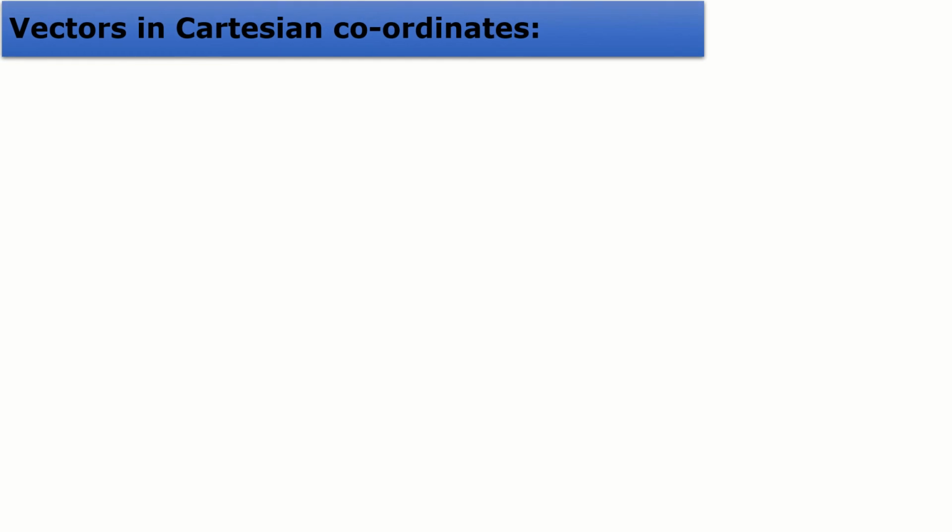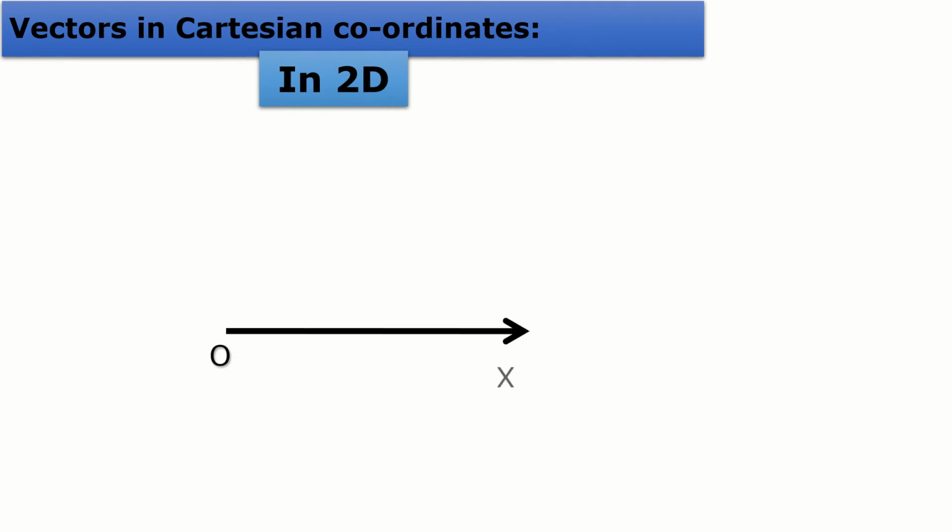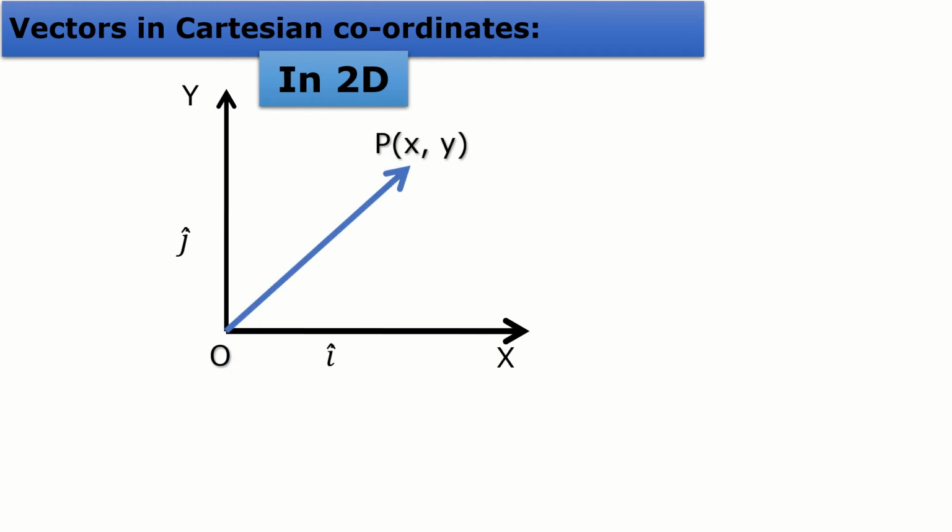Vectors in Cartesian coordinates in two dimensions. Here two vectors, one is OX and another one is OY, act at a point O. I vector is the unit vector of OX and J is the unit vector of OY, and OP we have a vector denoted by a small r vector. Clear?